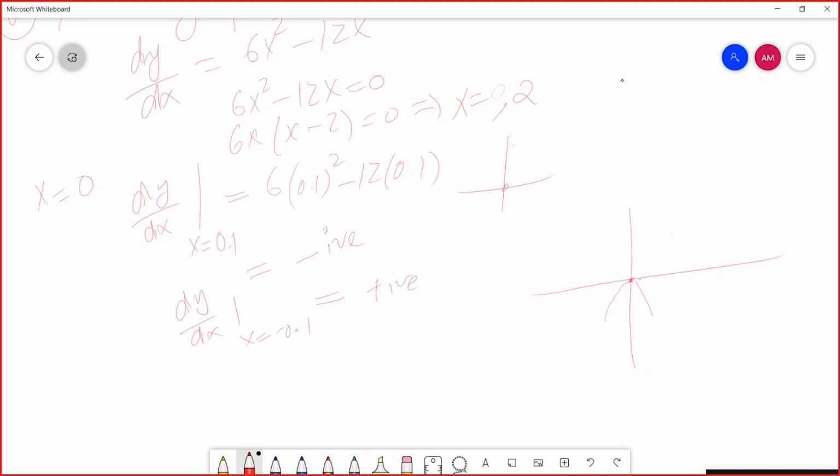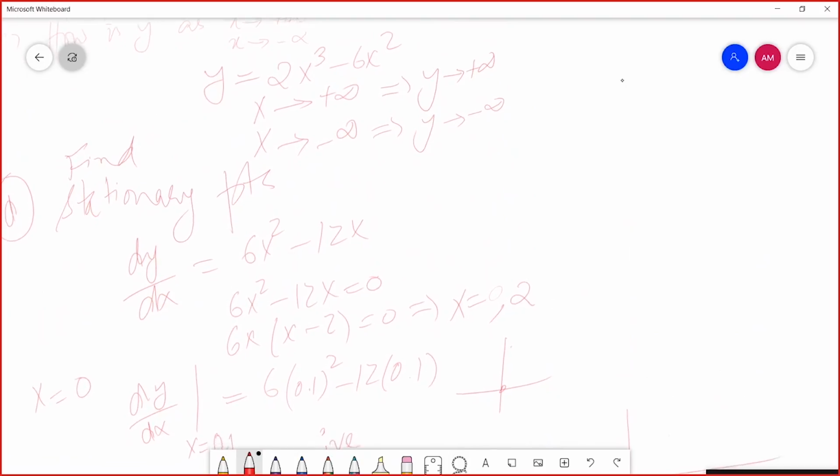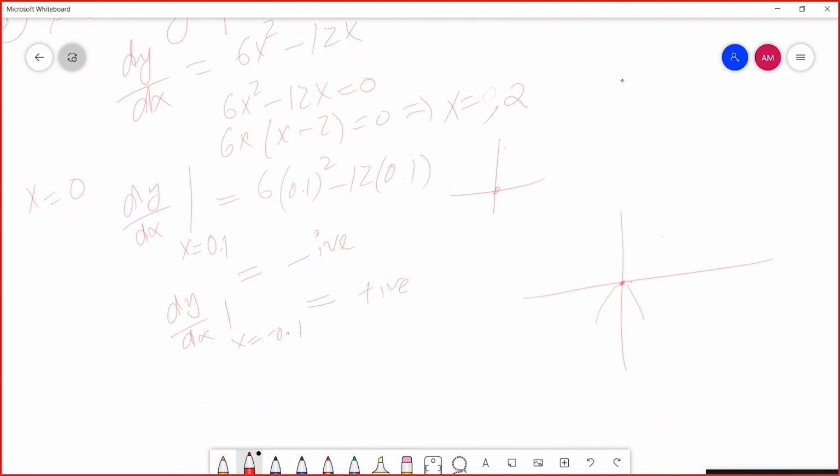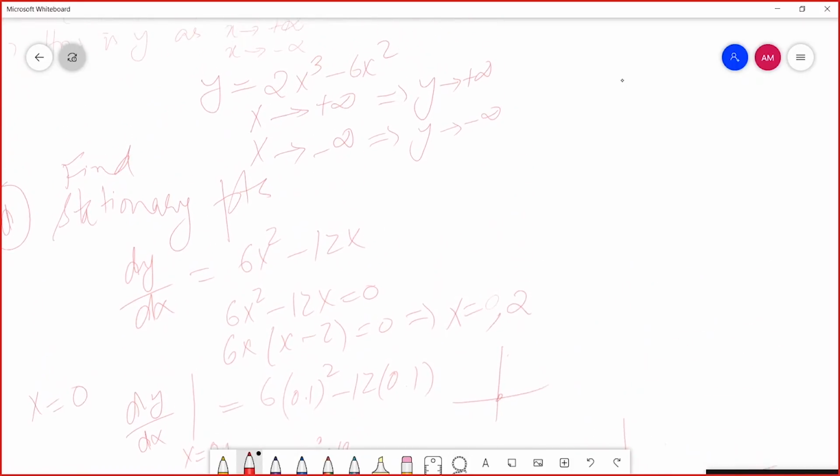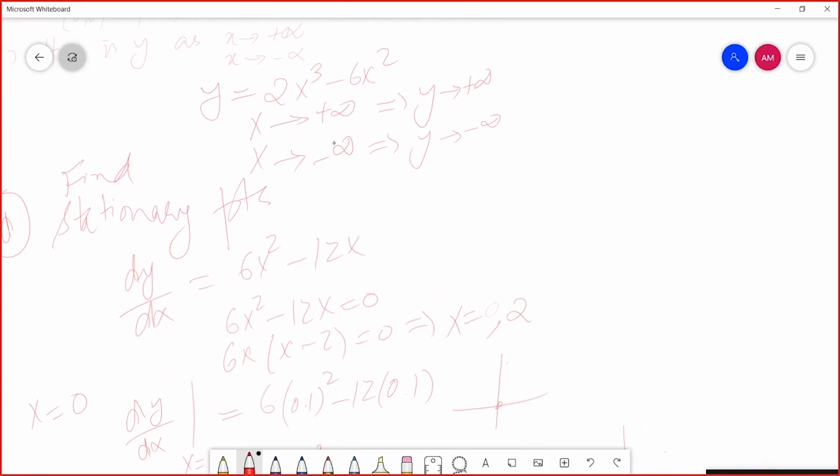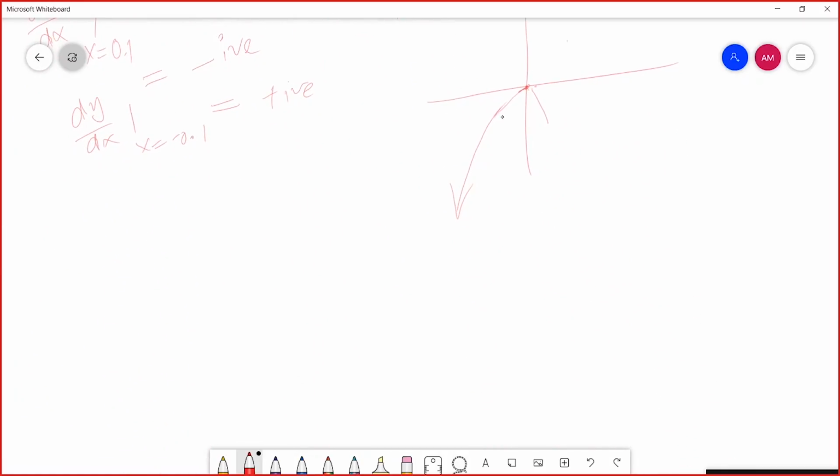We found earlier that as x goes towards infinity, y goes towards minus infinity. So this is something which we found.